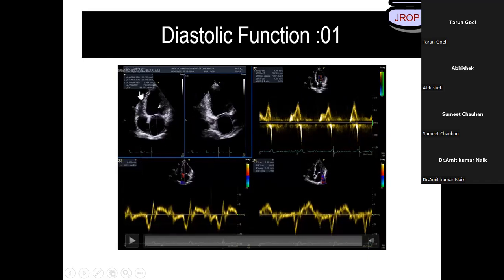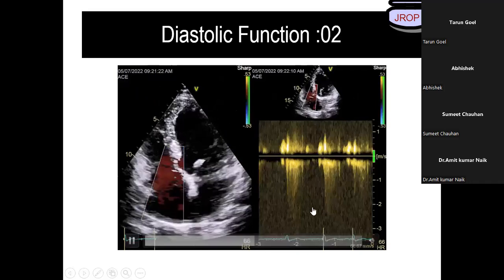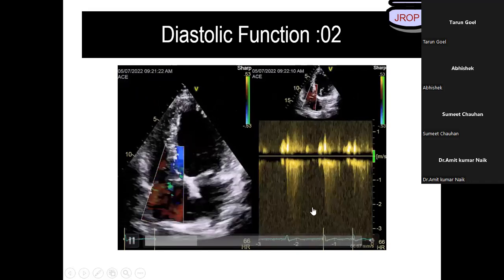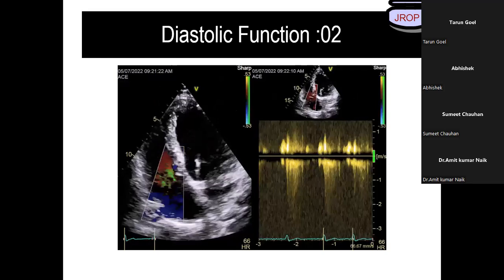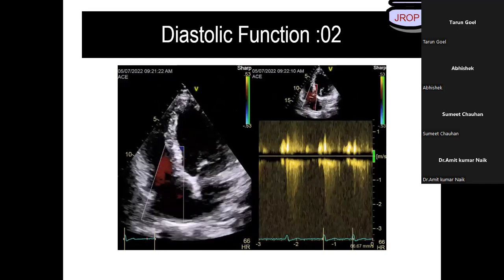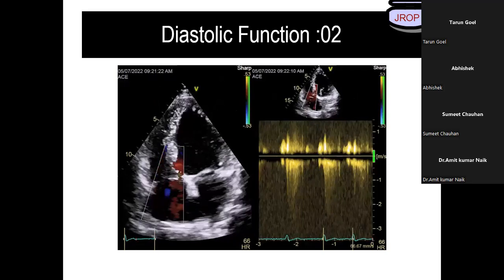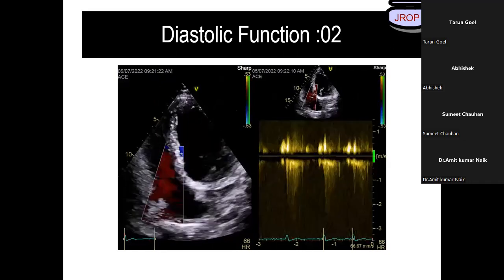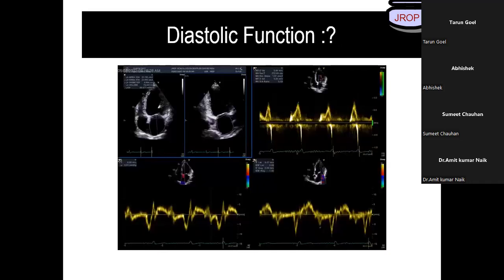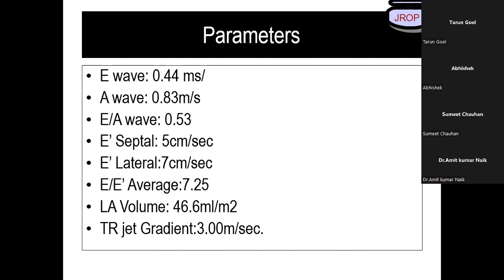Then we get an LA volume of 46.6 ml and TR jet velocity of 3 meters per second. Variety of diastolic dysfunction. Here all the values are there. Mild to moderate.